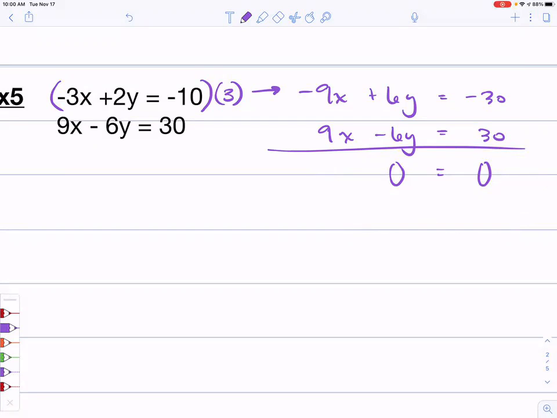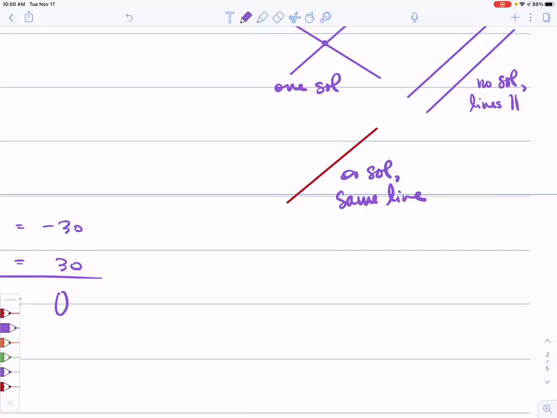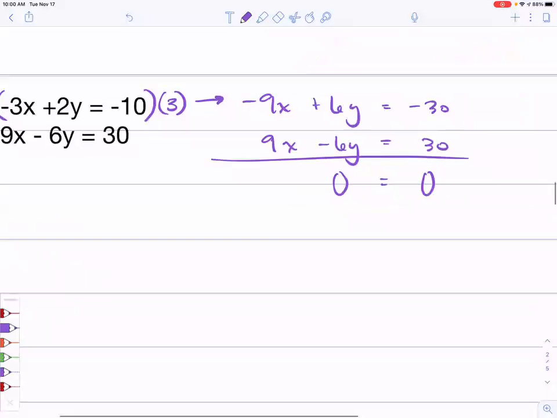Okay, so we'll say, actually it's not all real numbers, but it is an infinite number of solutions. Devin, the reason it's not all real numbers is that this coordinate right here is not a solution, even though it's included in all real numbers. Does that make sense? It's not on my line, okay? But there are an infinite number of solutions. They're the same line.